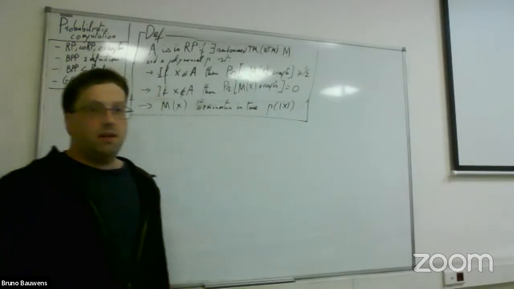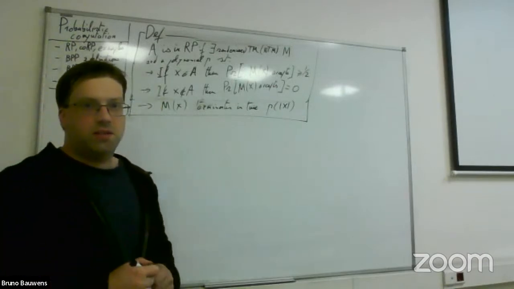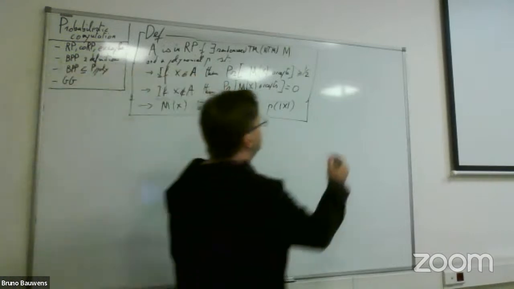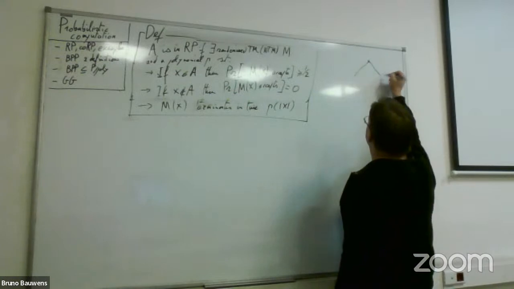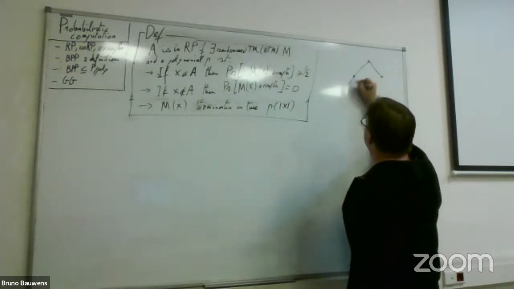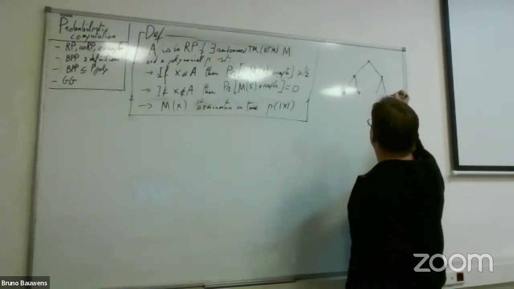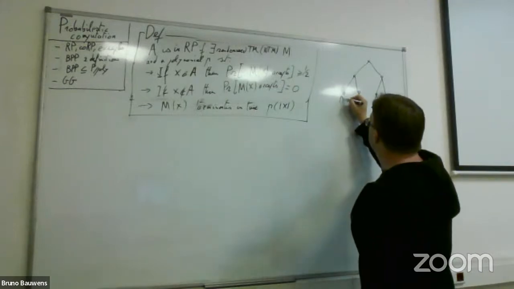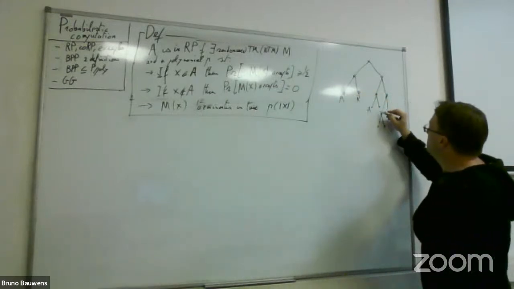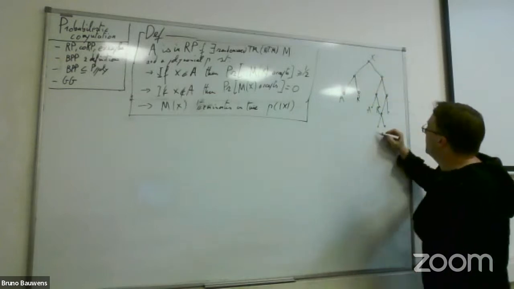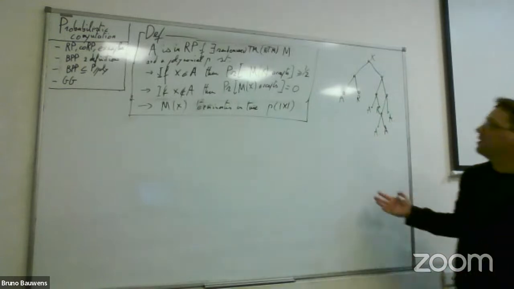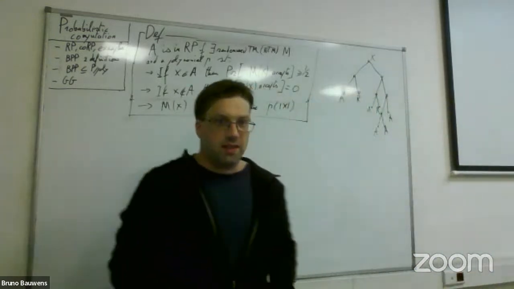Okay, so again, what is a randomized Turing machine? It's a machine with two transition tables. So again, we have a computation tree, and each leaf represents an answer when we give the machine X. And so in this case, we can compute the probability that the machine accepts.